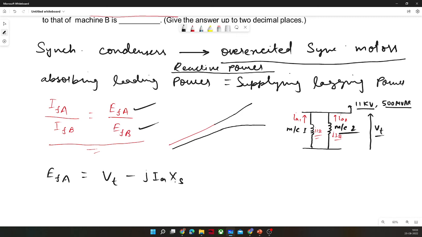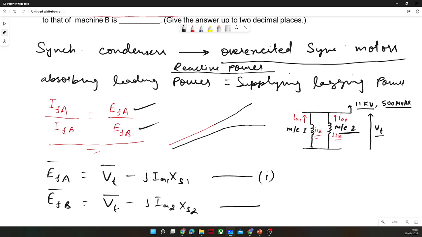Resistance is ignored, right? This is equation 1. In equation 2, I will again write VT. These are AC components, so we should include phases. This is 2.